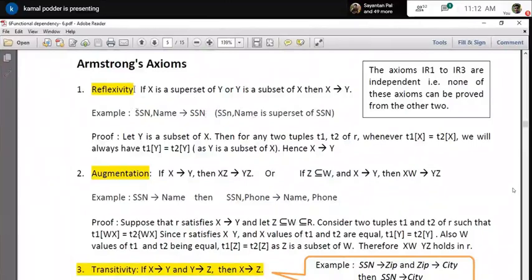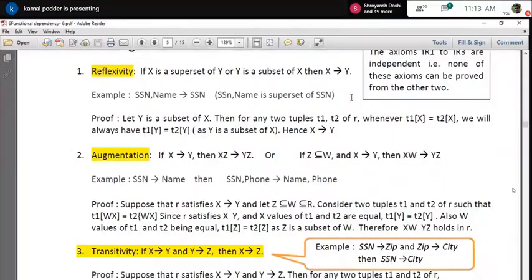So in this way, if you try to find the FDs in a particular database, you identify a set of attributes and identify a superset of that attribute, then you can clearly establish that particular dependency.